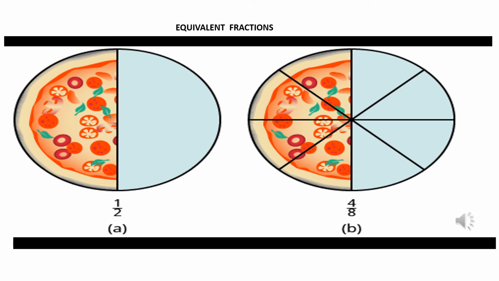Next, if we multiply both the numerator and denominator by 3, we will get 9 by 15. So 3 by 5 is equal to 6 by 10 is equal to 9 by 15, and so on.